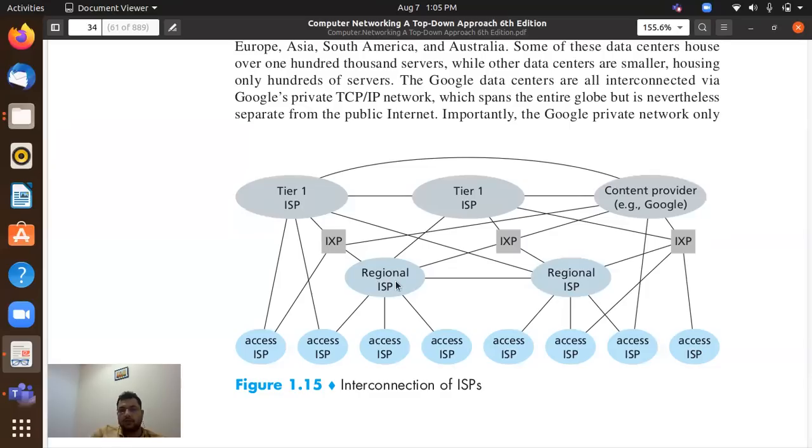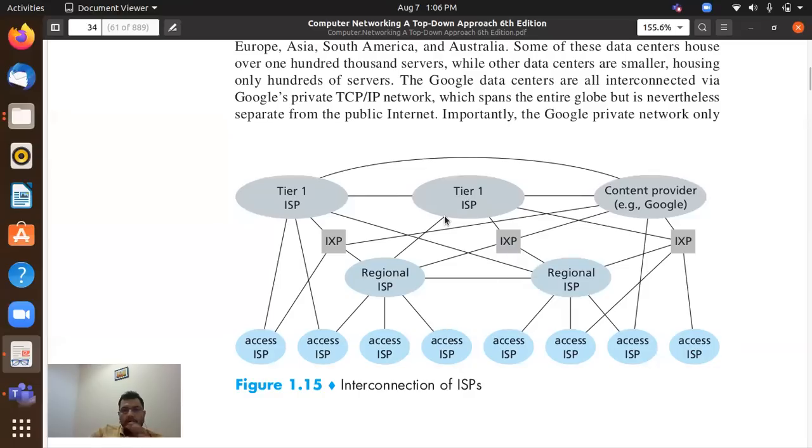Based on the volume of the traffic which the regional internet service provider passes through the tier 1, the tier 1 will charge the regional service providers. Based on what the access internet service provider passes through the regional service providers, they will charge access service providers, and here we subscribe to them based on plans. So if you want more bandwidth, you require more services, you have to pay more to the access service provider. In this way, your money trickles up to the regional, then tier 1.